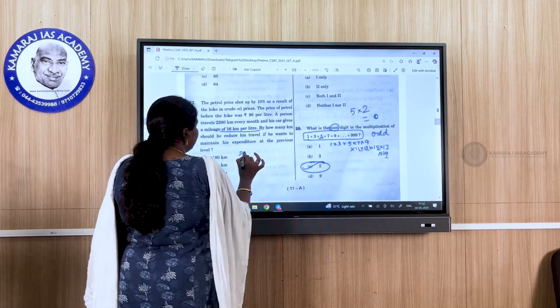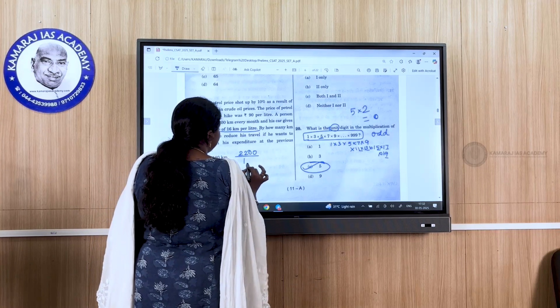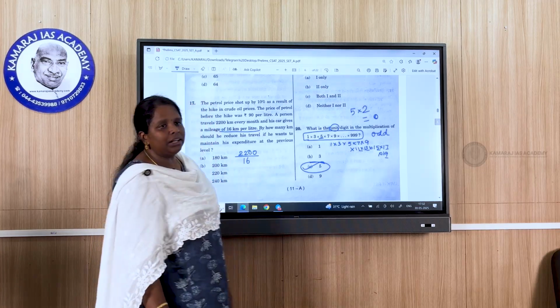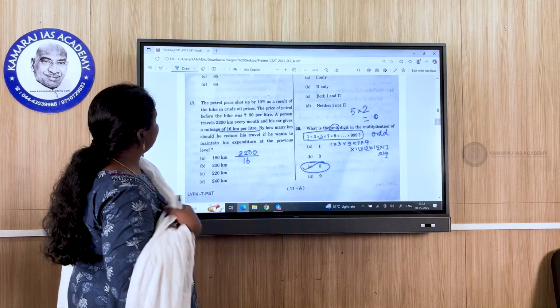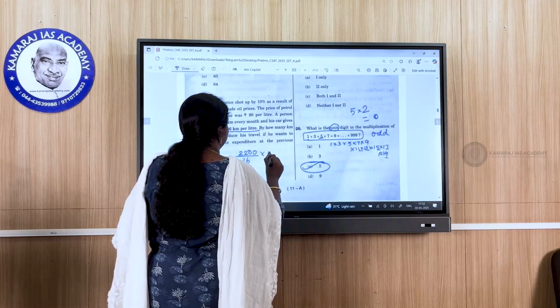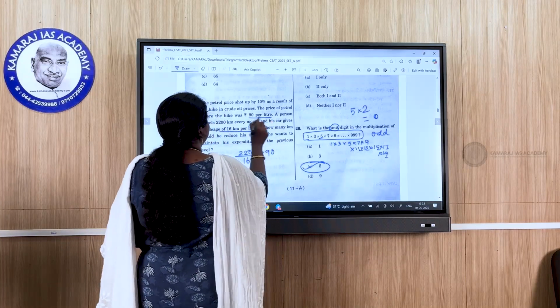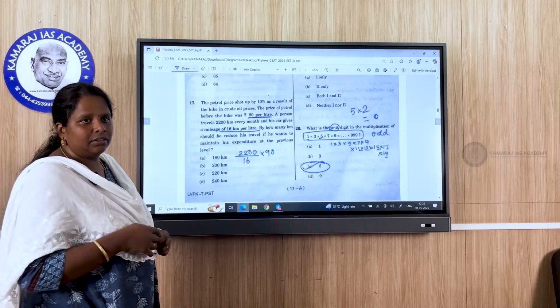So he is traveling 2200 kilometers, and he gets a mileage of 16 kilometers per liter, right? And the price of the petrol before the hike is what?